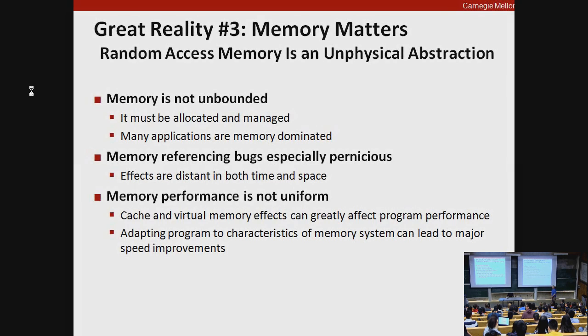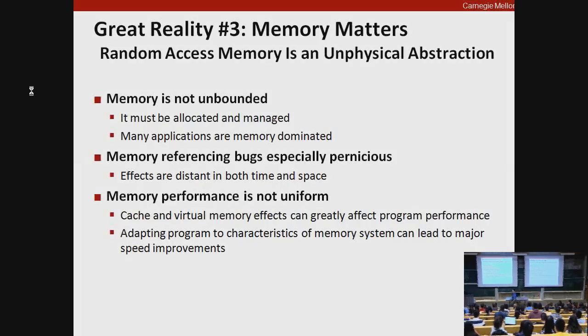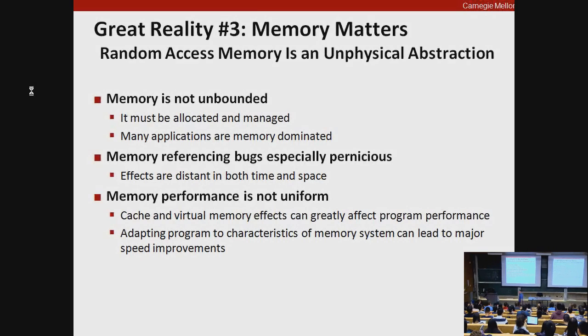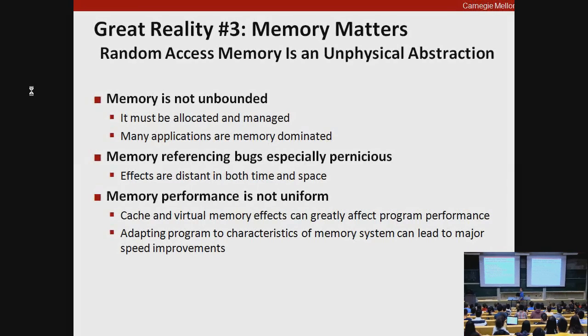Memory performance isn't uniform. In many of our classes, we just say, look, it's in memory and memory is fast, or it's in disk and disk is slow. But as it turns out, there's a whole memory hierarchy. There are registers that operate at the speed of the processor. Level 1 cache is extremely fast. Level 2 cache is still pretty fast. Memory is slow, and disk is slow as molasses in the winter.